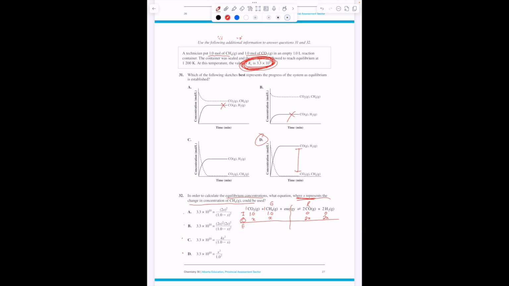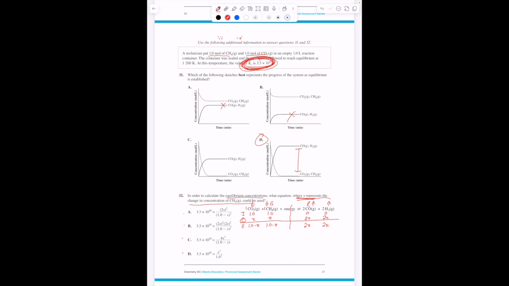Okay, all right. So if we have that in place, delete that. Now I can see that this is 1.0 minus x and 1.0 minus x. And this is 2x and 2x. Remember, these go down, so I'm minusing x. These are going up, right, as a reaction happens, so I'm adding.